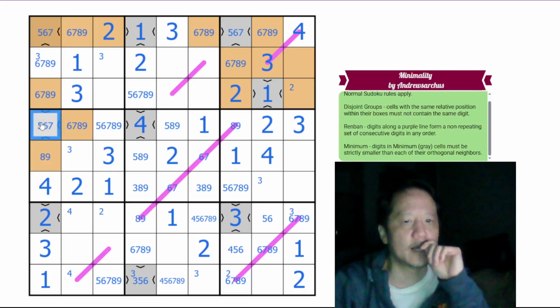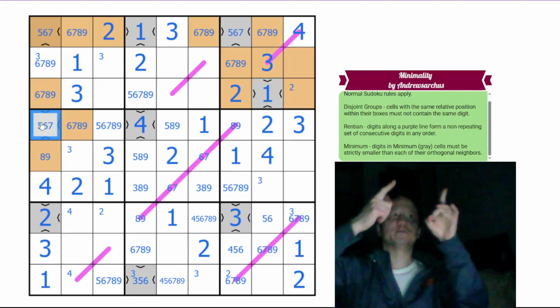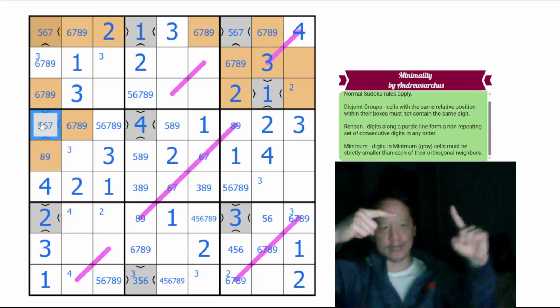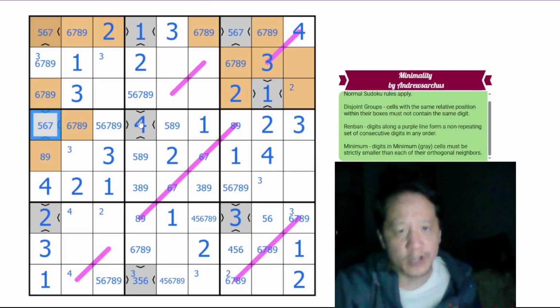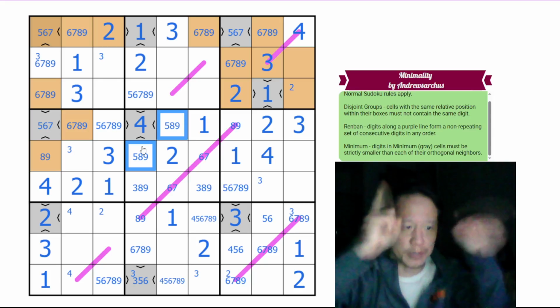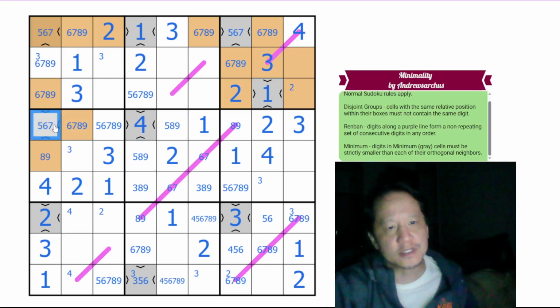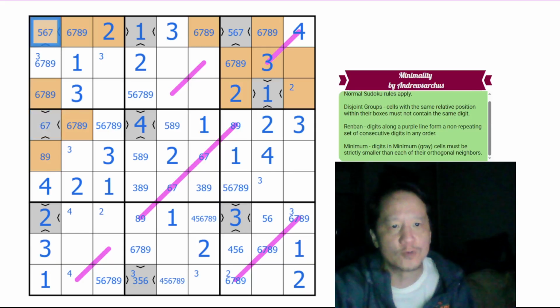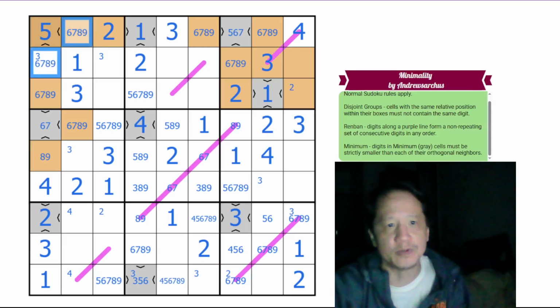So this cannot be 5. So 6 has to be below 7 and 8 or 9. 4 here would be below a 5 and an 8 or 9. And 7 has to be below both 8 and 9s. So this cannot be 5 here, which forces this to be 5 here, which cannot be next to both 8 and 9s. So it's next to 6 and 7.